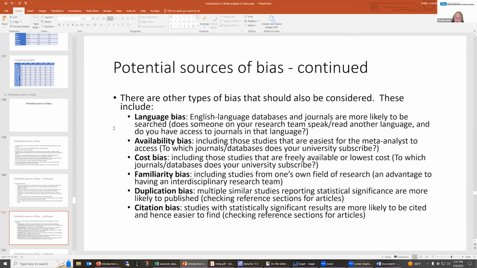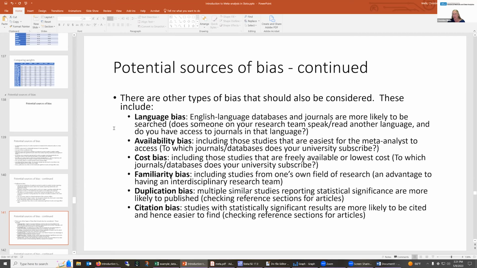Duplication bias here. Multiple similar studies reporting statistically significant results are more likely to get published. You can do some checking of reference sections for the different articles to see if you can find other articles that way.